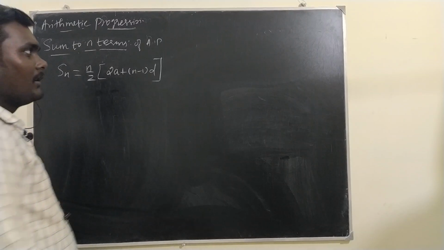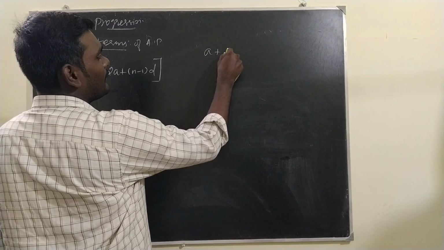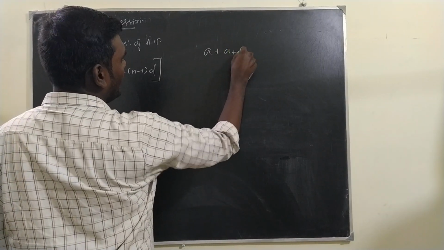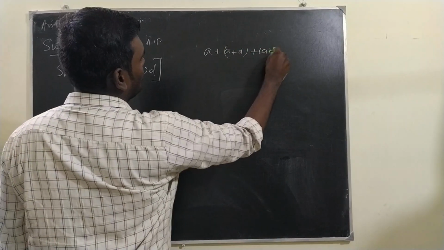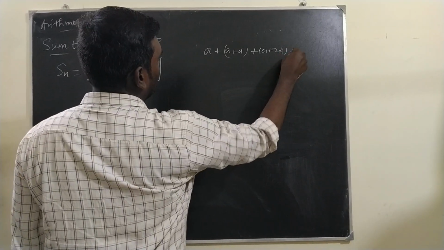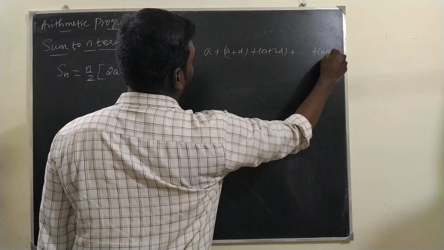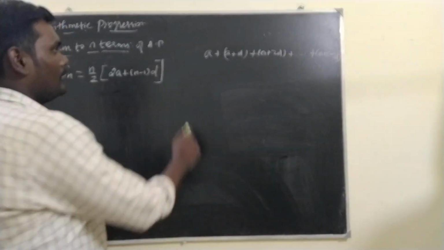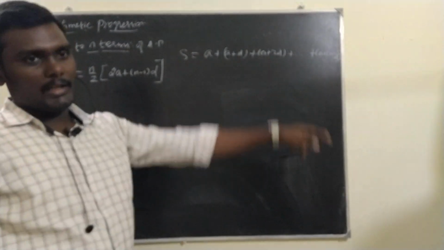Easy. See, take one AP: a plus (a plus d) plus (a plus 2d) plus and so on, up to a plus (n minus 1) into d. So, I am adding all the terms of an AP.